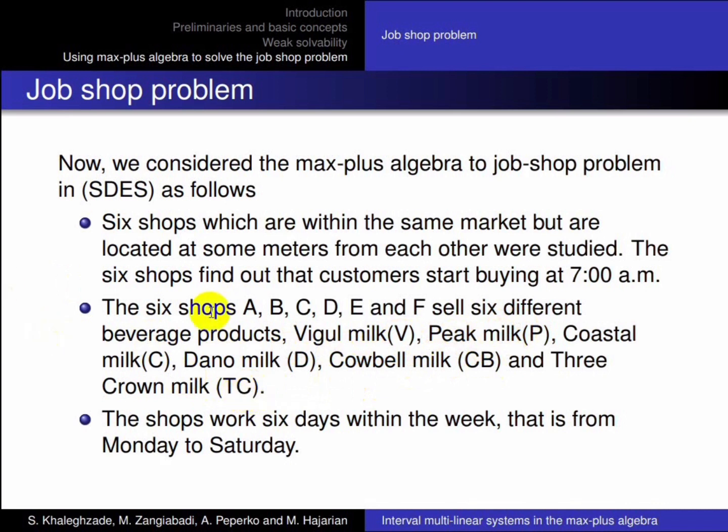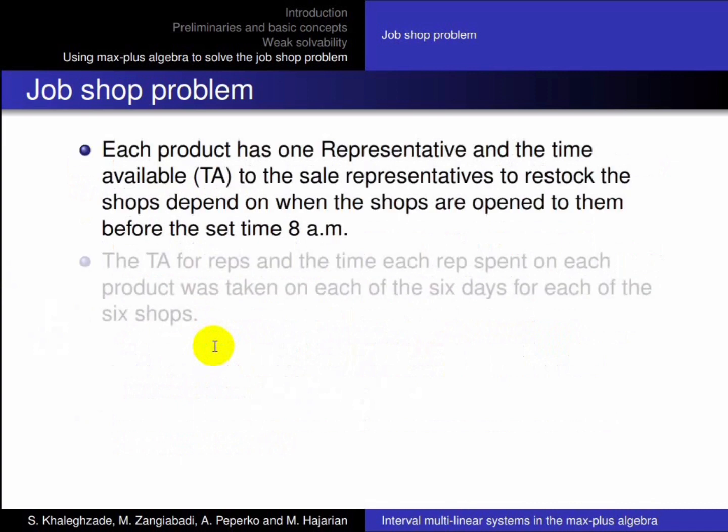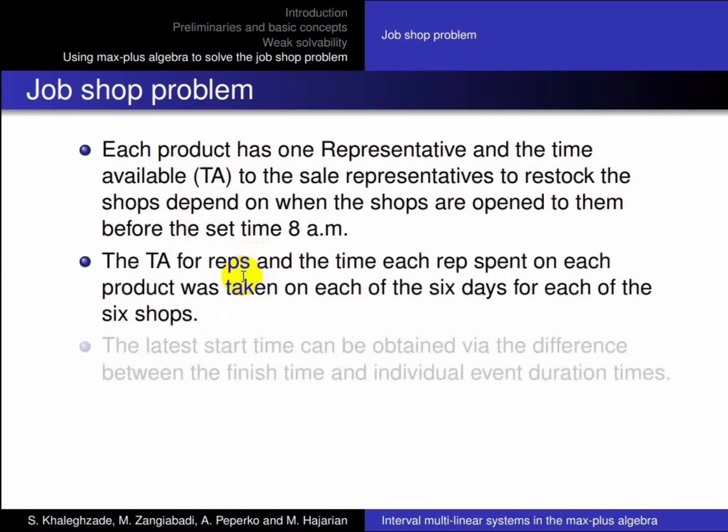Notice that the shops work 6 days within the week, that is from Monday to Saturday. Each product has one representative, and the time available, or TA, to the sales representatives to restock the shops depends on when the shops are open to them before the set time of 8 o'clock a.m. The TA for reps and the time each rep spent on each product was taken on each of the 6 days for each of the 6 shops.